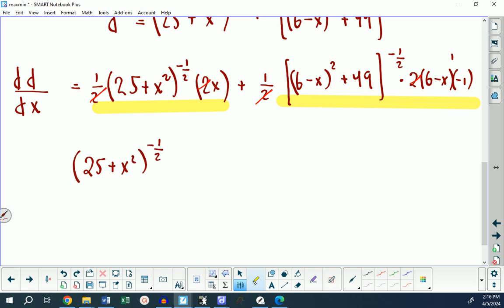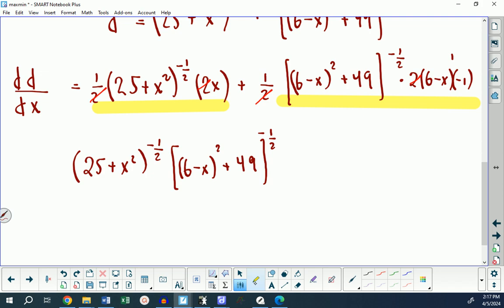And by the way, that's going to go to the bottom. And 25, I hope I said plus, I might have said minus. 25 plus x squared can never be 0, so it wouldn't contribute to our solution anyway. However, very rarely does the denominator do so, period. I'm also going to factor out (6 minus x) squared plus 49 to the negative 1/2, and the exact same thing I just said about the factor of 25 plus x squared applies here.